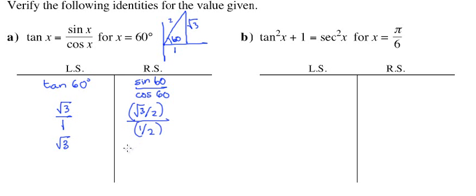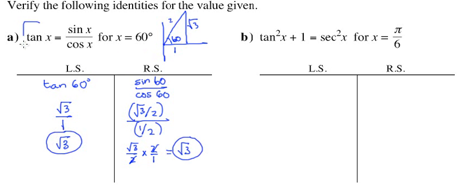If we rewrite that, we can put it as the first fraction times the reciprocal of the second fraction. And look what happens. The 2's cancel out, and we get root 3 over 1 again. So the left-hand side equals the right-hand side.